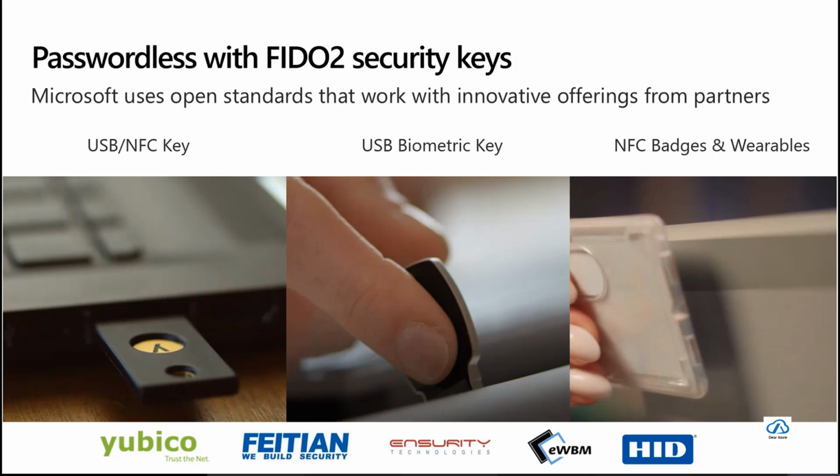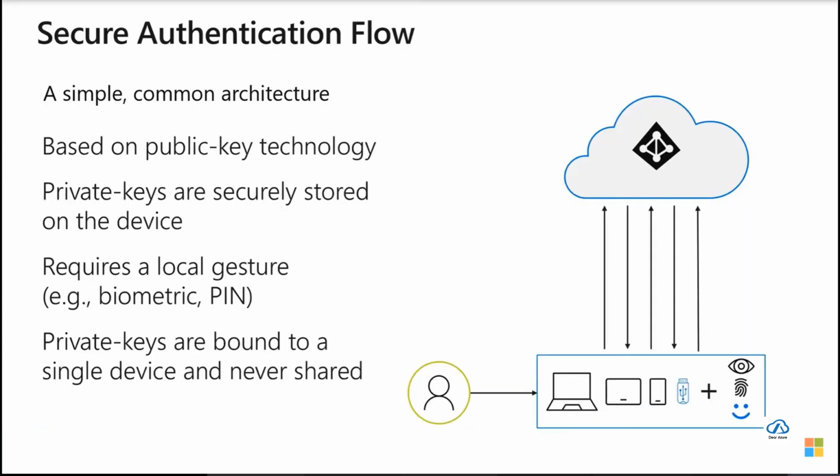Now, just reiterating the fact and trying to summarize how it all works. The architecture of Windows Hello for Business is really simple and really common. Not Windows Hello for Business, but the passwordless architecture. It is based on public key technology, which is the key pair kind of technology.